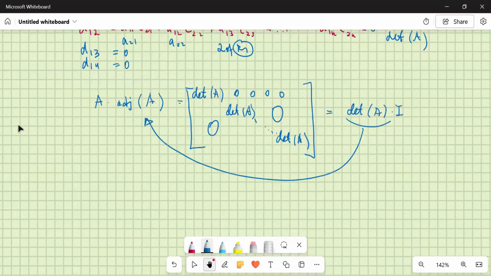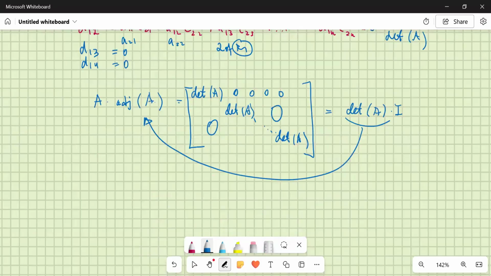We're going to move it here, and we are going to write down A multiplied by adjoint matrix A divided by determinant of matrix A equals I.